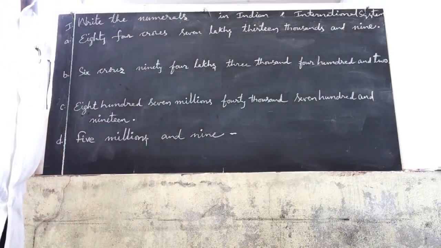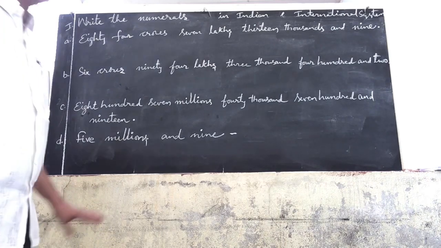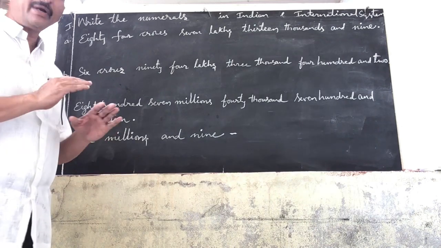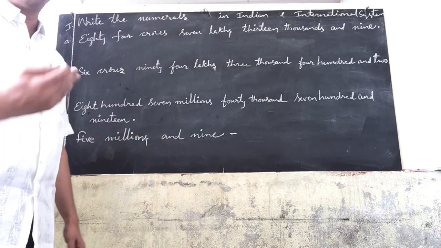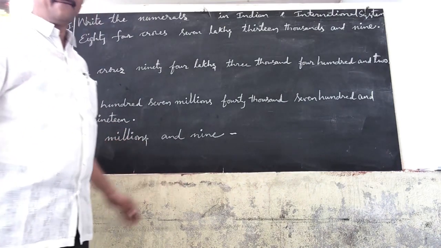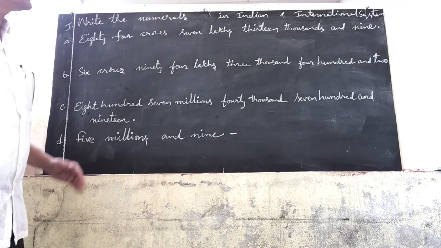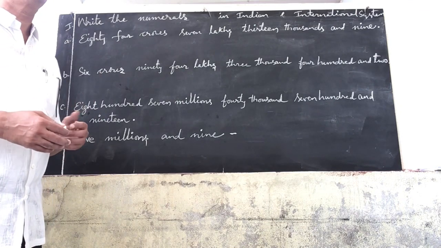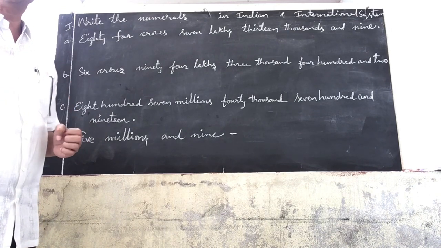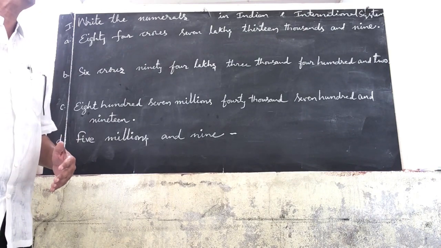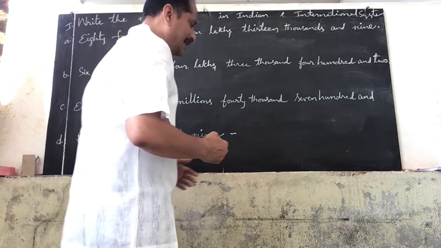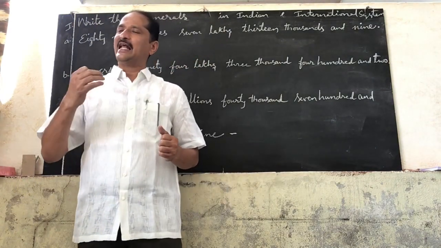Okay, now how to write numerals? Numeral means if the number name has been given, you have to write down the numeral. In the previous class I said that to divide the given numbers into periods, you have to remember the names of the periods from bottom to top and top to bottom, that is units period, thousands period, lakhs period, crores period.